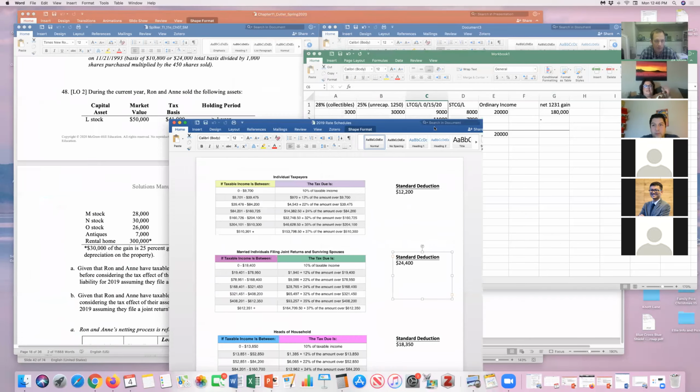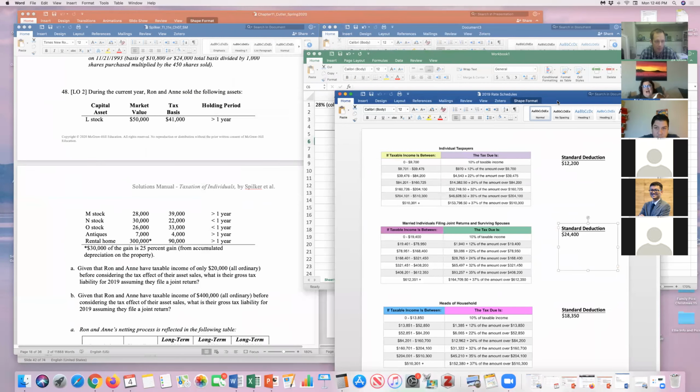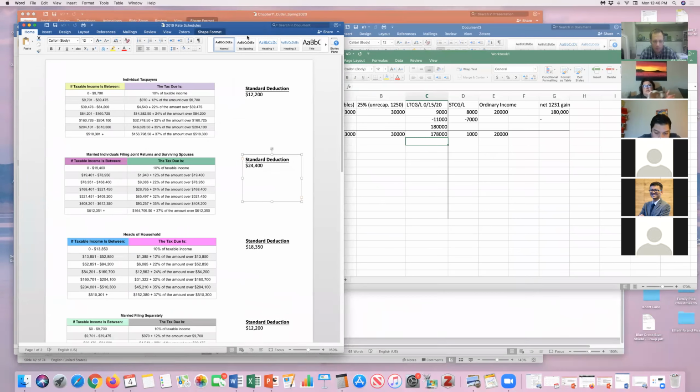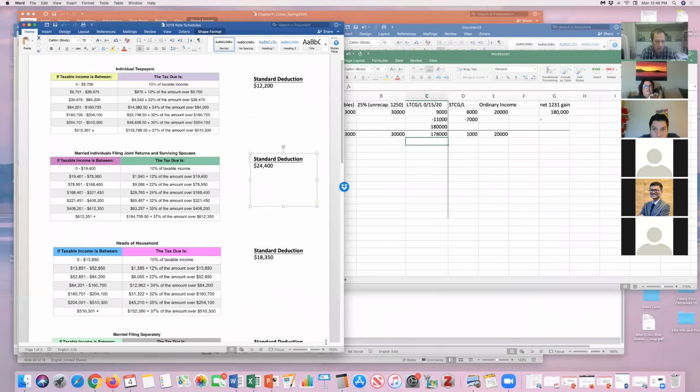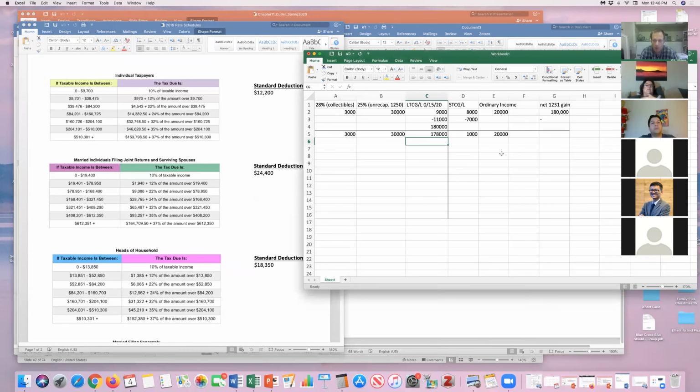This is a married couple, we're assuming, so we're going to use the married rates. I always start with the ordinary income. A short-term capital gain is always going to be taxed at ordinary rates.